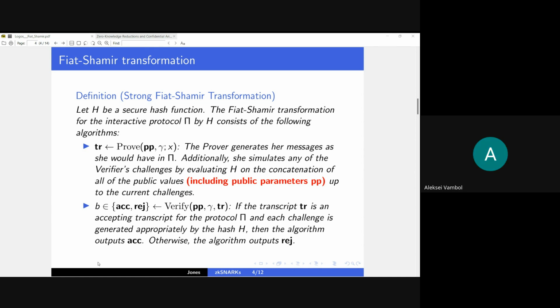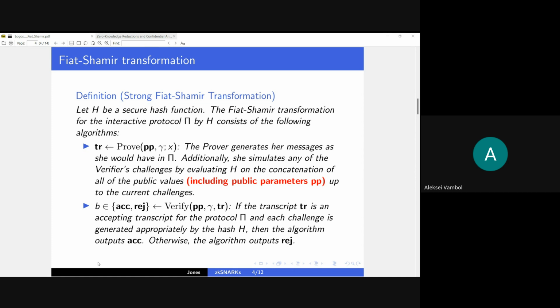And of course, I'm not asking about some practical point of view. From a practical point of view, of course, it's always correct to implement the strong Fiat-Shamir transformation. I'm asking about terminology. Is it better to use strong Fiat-Shamir transformation, not just Fiat-Shamir, in some specification or proof system?